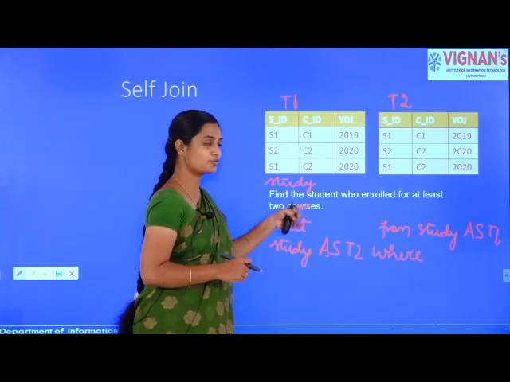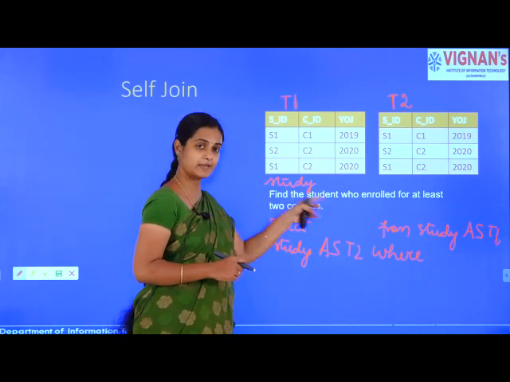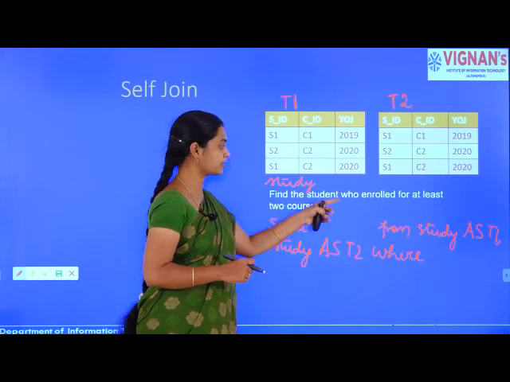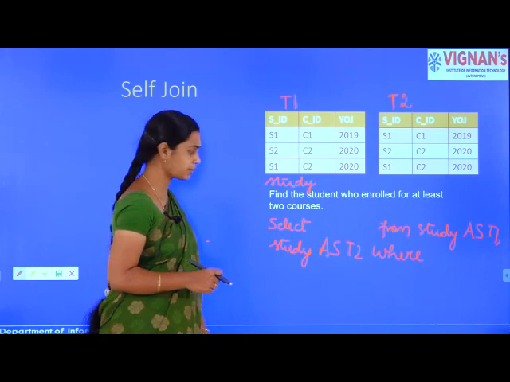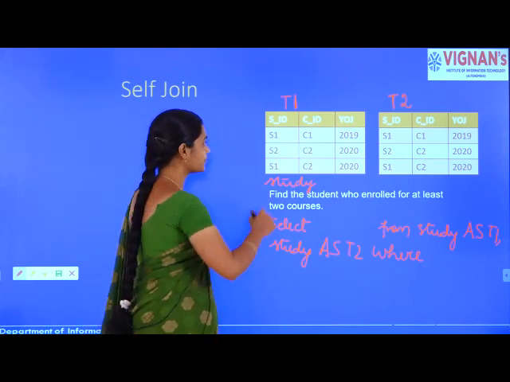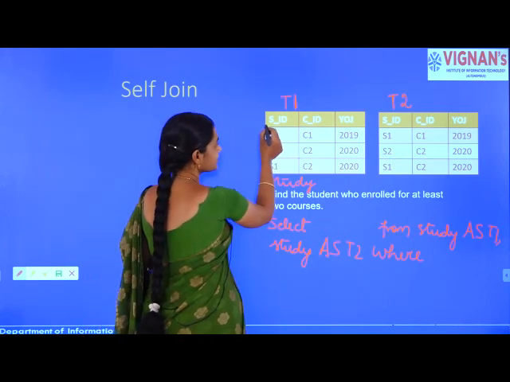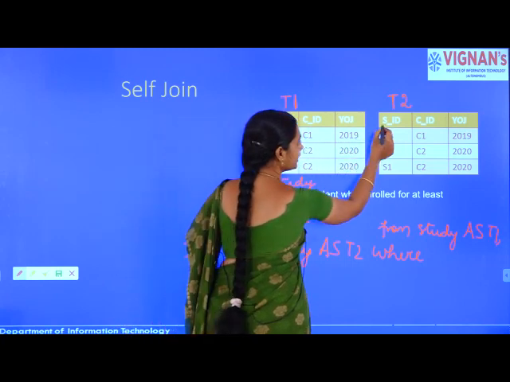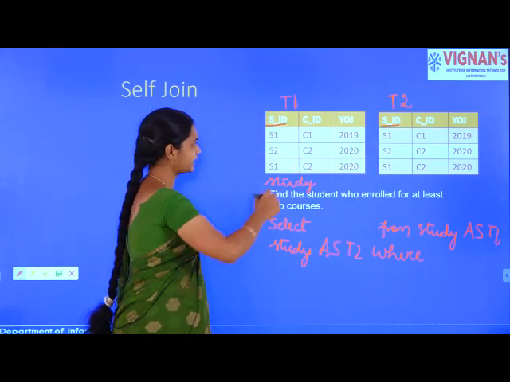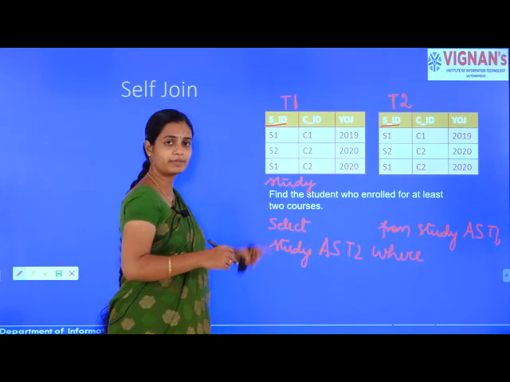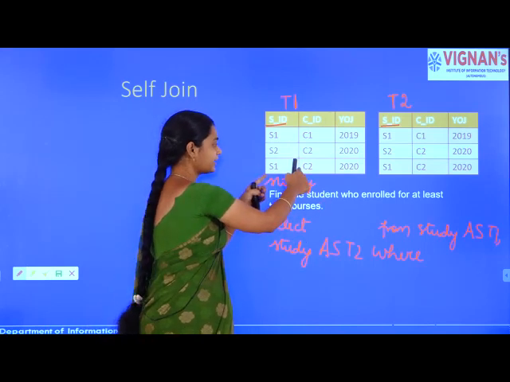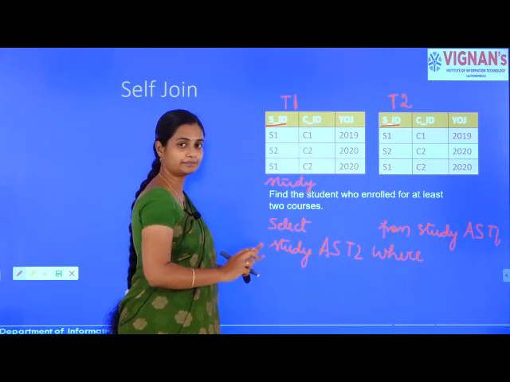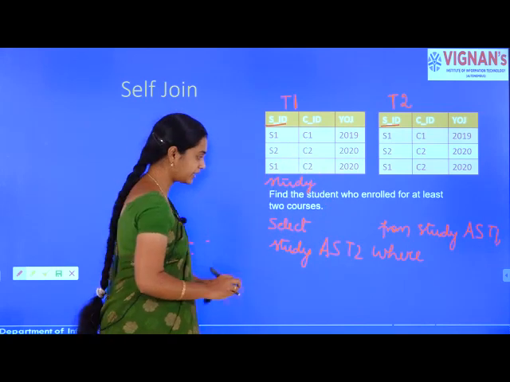You need to find the names of students who are enrolled for at least two courses. Okay. So always the first clause will be: see here, the student ID should be equal. Either you can write CID also, because we are taking the composite primary key. Either you can take SID or CID, any one of the columns.